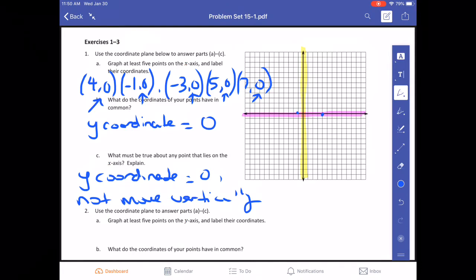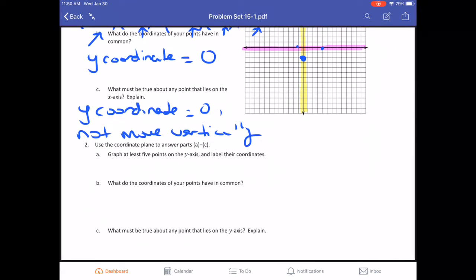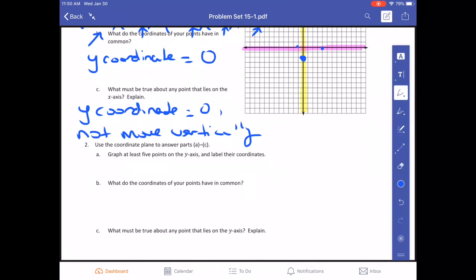So let's say, again, starting off the same way, let's say I wanted to find this point right there. Okay, that point is located on my y-axis. Well, this point, using ordered pairs, would be 0, -2, telling me I do not move along my x-axis. I don't move horizontally at all, but now I move 2 spots down.